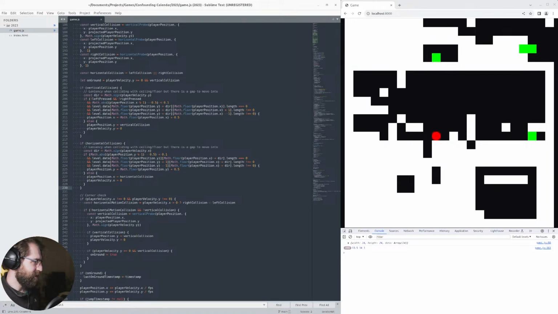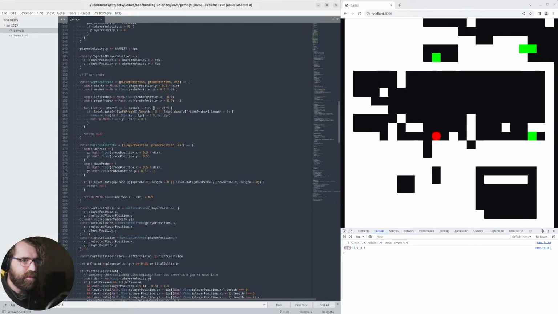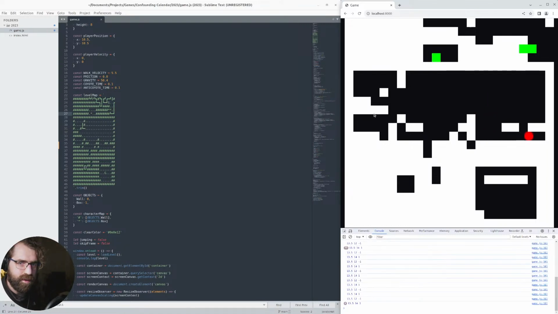Allow leniency for falling down holes. That should actually also work for jumping up between two things, because I didn't do anything that was directionally dependent there. So if we do this, get rid of that. Oh, I don't have a way over. Okay. Jump, jump, jump. Over we go. Oh, it doesn't work. Why not?